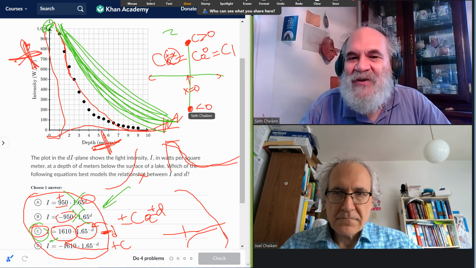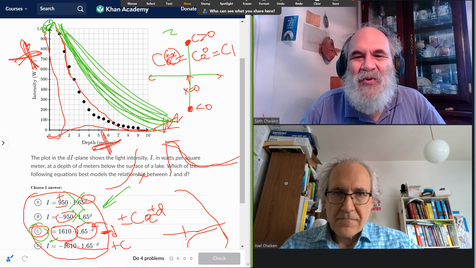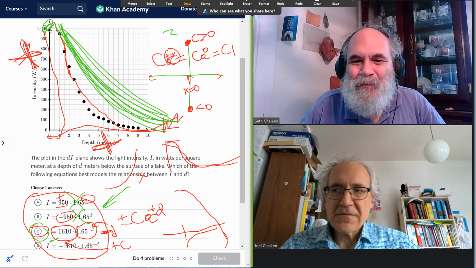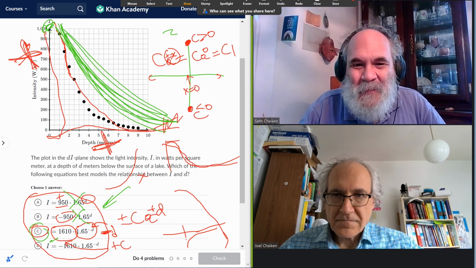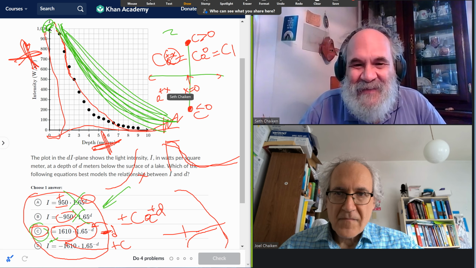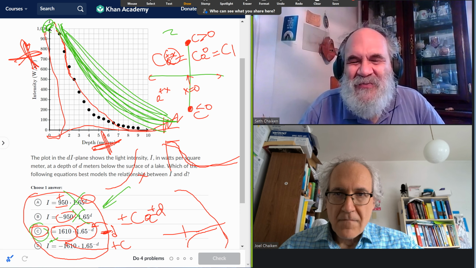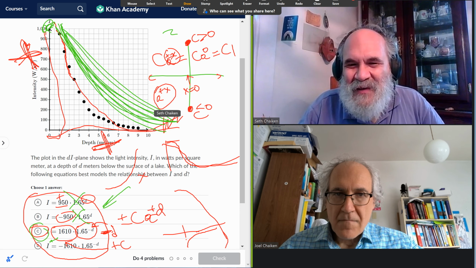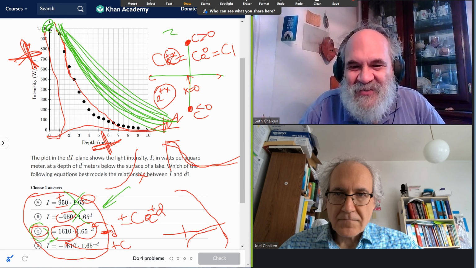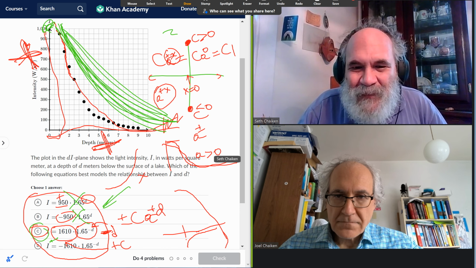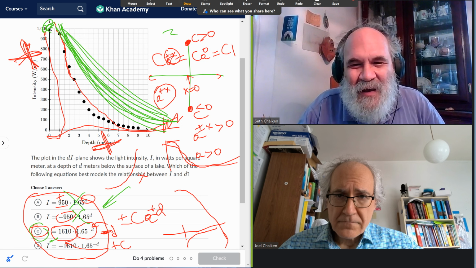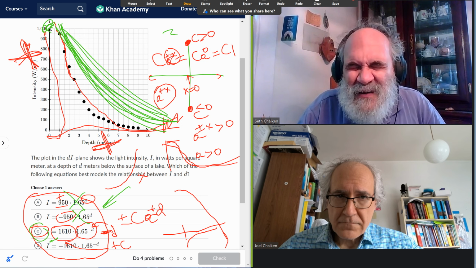The zero point is always the value of C. Now, given that, the thing we also have to know about exponentials is that for a positive base, the value of the exponential is always greater than 0.